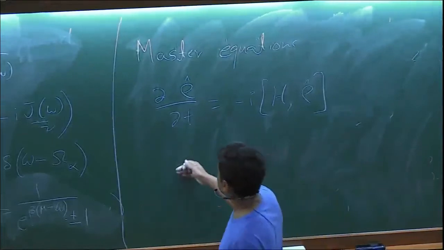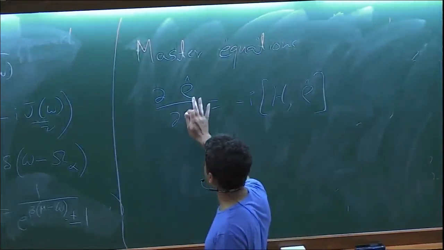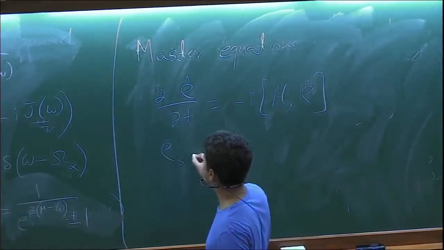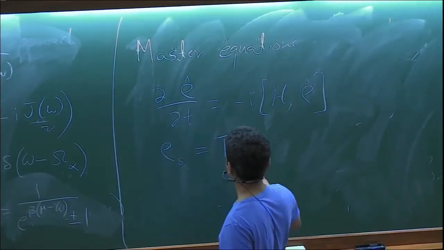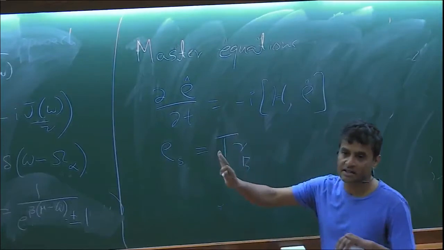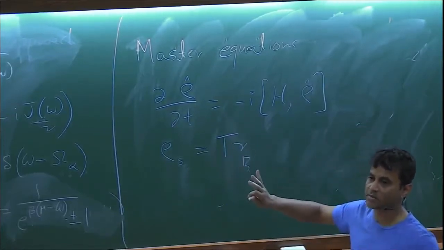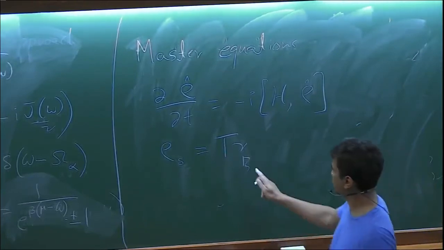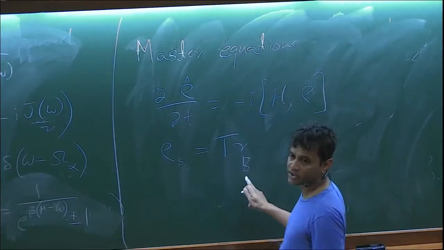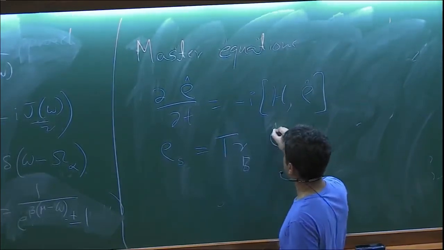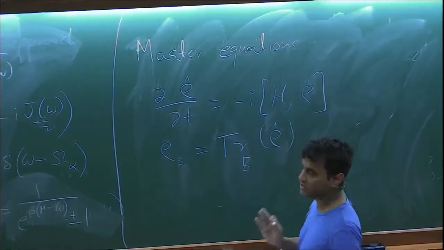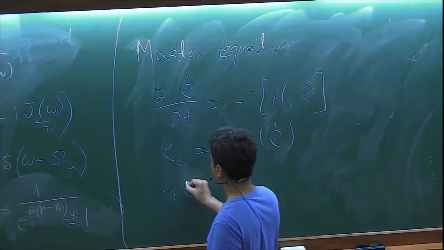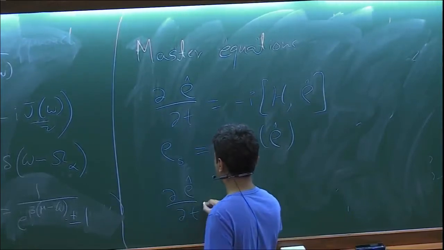Again, I won't go through the steps. This is for the full thing. Then you define the system, given by a trace, and it's exactly the same setup: initially it's the uncoupled bath and system, and you want to look at just the system properties. So you trace out the initial condition of the baths and define this reduced density matrix of just the system. And the equation that you get typically looks like this.